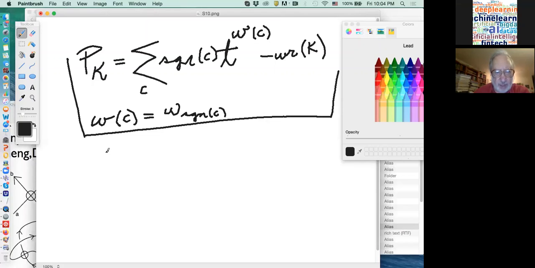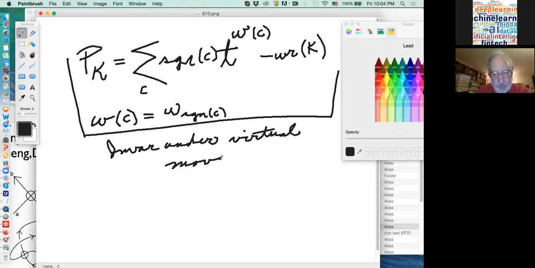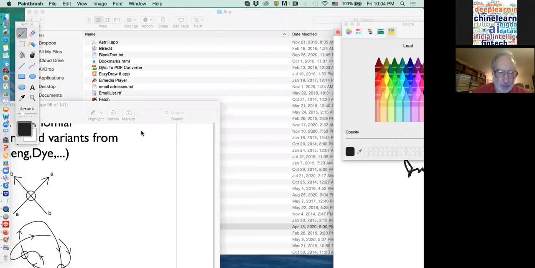And this is invariant under the virtual moves. And I remember now, you should all be experts in this because we spent quite a lot of time doing various things about this invariant, remember? But I just wanted to recall that.